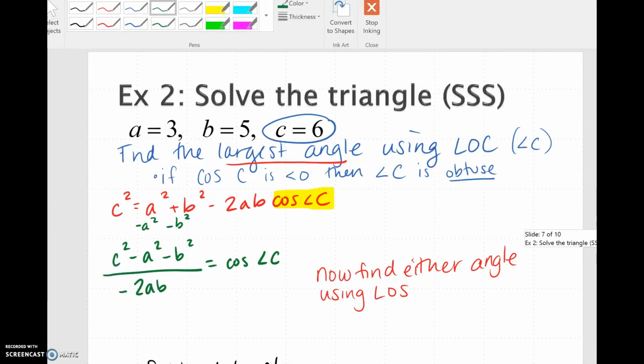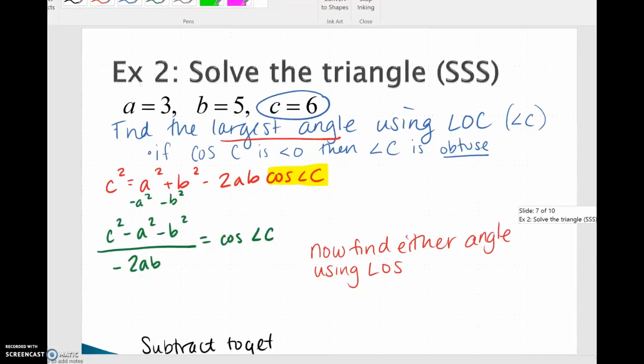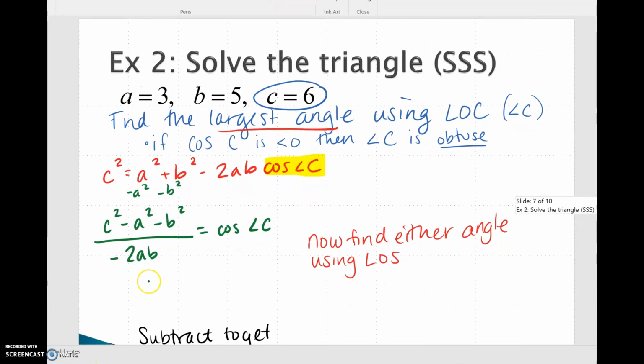Okay, now if we do that for our problem that we have here, we have the numbers, we would have 36 minus 9 minus 25 all over -2 times 3 times 5 equals cosine of angle C. Okay, so we would plug this in the calculator.